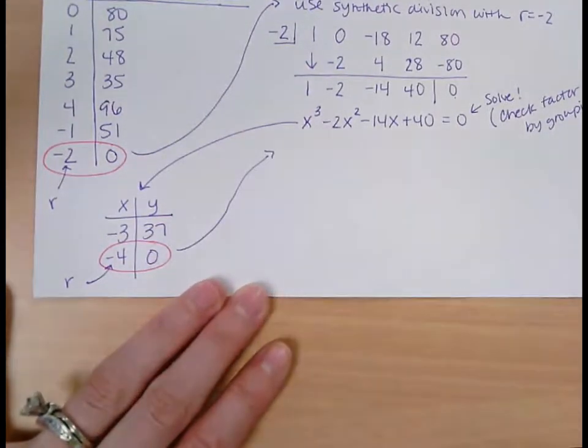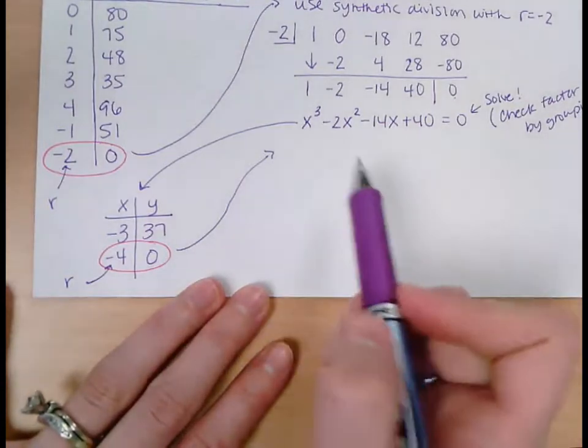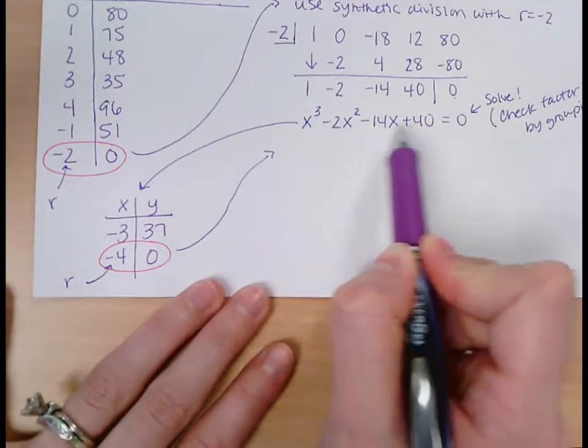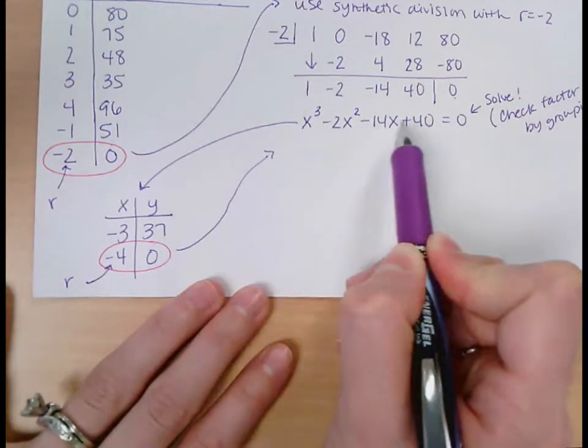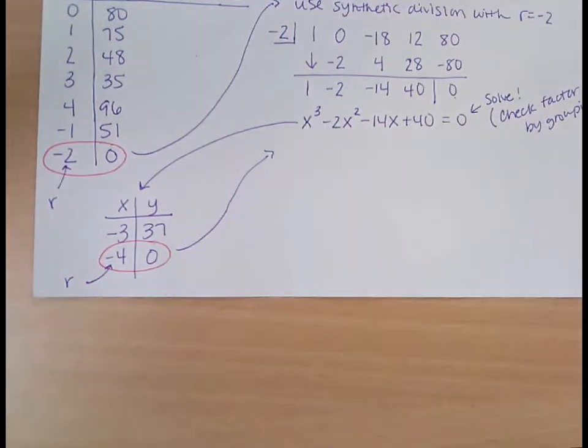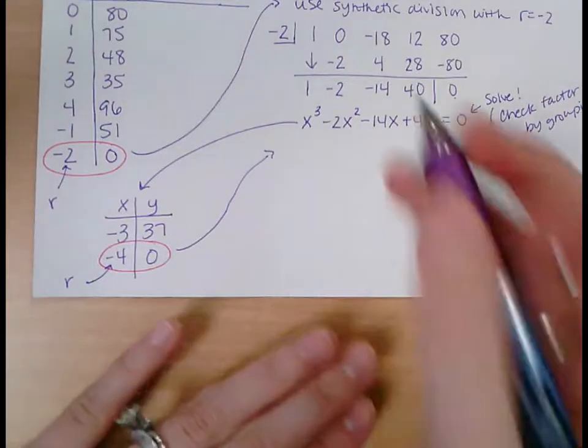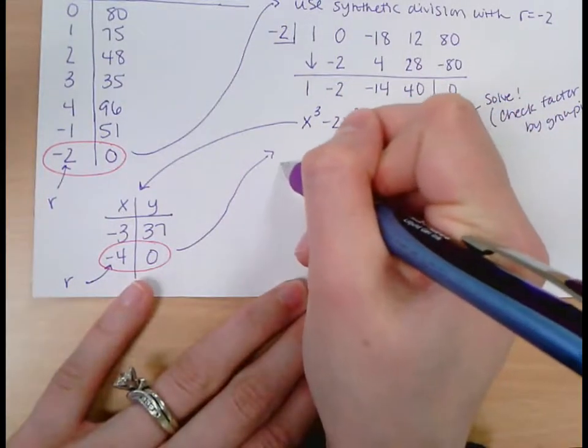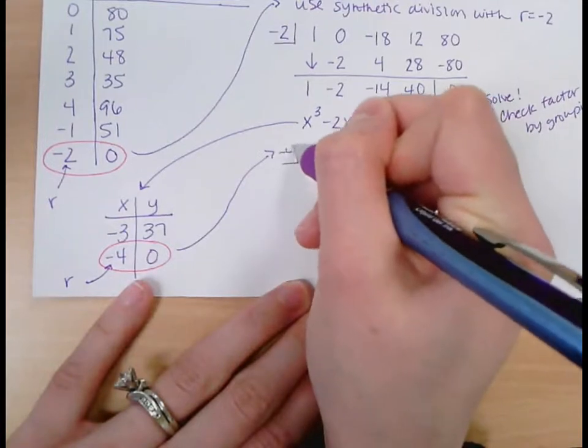But now when you do the synthetic division, use the new polynomial, the quotient, not the original. Because again, we're trying to break this down into something we can factor to get all of our solutions or solve a different way.